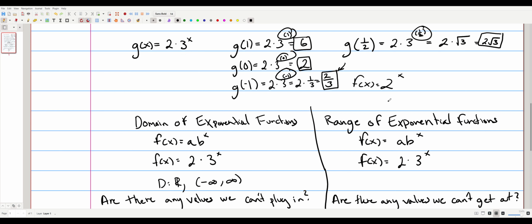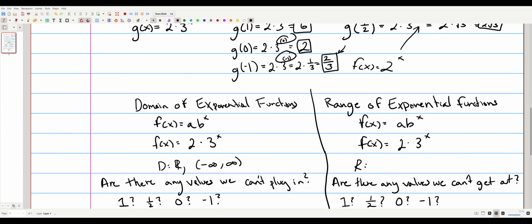If you plug 0 in, you're going to get 1, like we did here, right? 3 to the 0 is 1. And so there's really not any other types of numbers to plug in. We can plug in whole numbers, that's just going to make our value bigger. And if we plug in fractional powers, well, that's just going to give us radicals, but those aren't going to be negative.